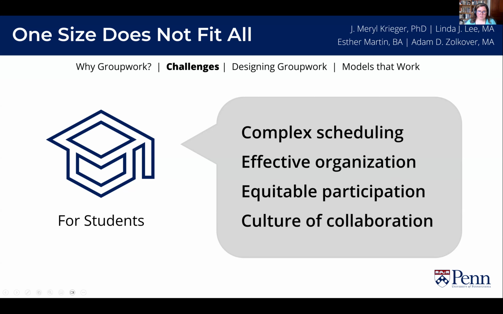And then the last student-centered concern that we wanted to raise is different ideas about what it means to have a culture of collaboration. There can be unarticulated expectations, both among students and instructors, about what this might mean. Students, especially those that we see at the Wharton School, may start from a premise that coursework is about competition rather than collaboration, that can affect students' willingness and desire to collaborate.